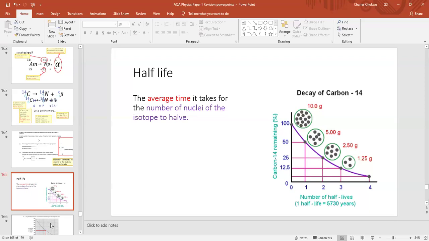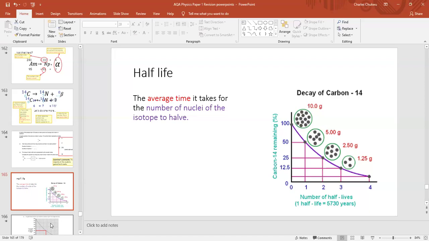Decay is what we talked about, that produces irradiation on unstable nuclei, usually one nucleus. We're talking about one nucleus. Whereas half-life is the time it takes for the number of nuclei in a radioactive material to be half of its original number.